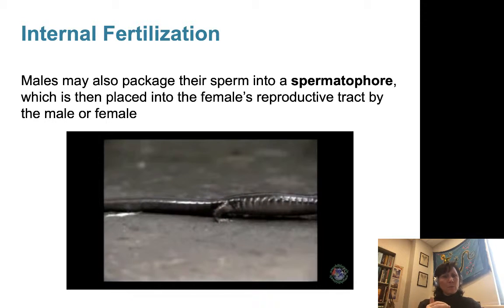And then by virtue of taking the whole spermatophore in, sperm are going to travel up her reproductive tract and fertilize her eggs inside her. So despite the fact that he released that sperm pack out into the environment, she takes it up into her body, so it's still internal fertilization.